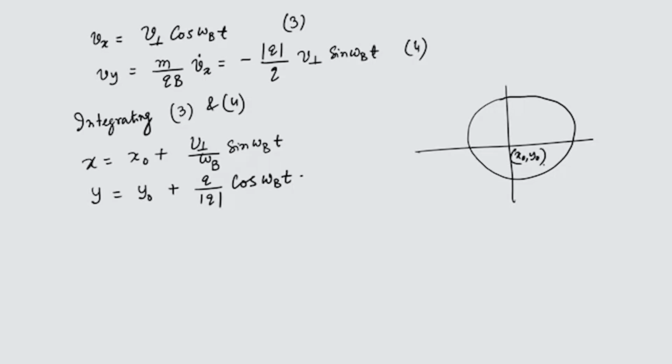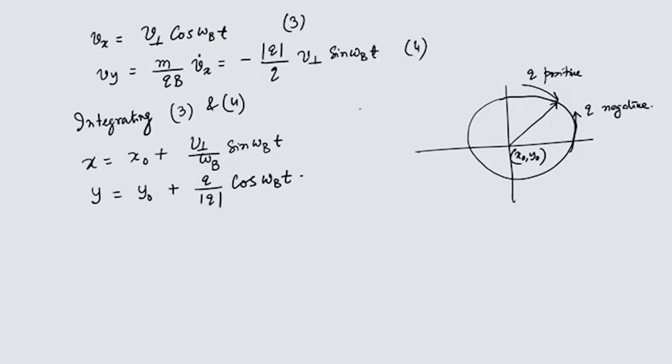It may look slightly shifted towards the positive side, but that's not what is intended. And this is the radius of that. So this is the motion of the particle for positive q, that is clockwise, and this is the motion when q is negative.